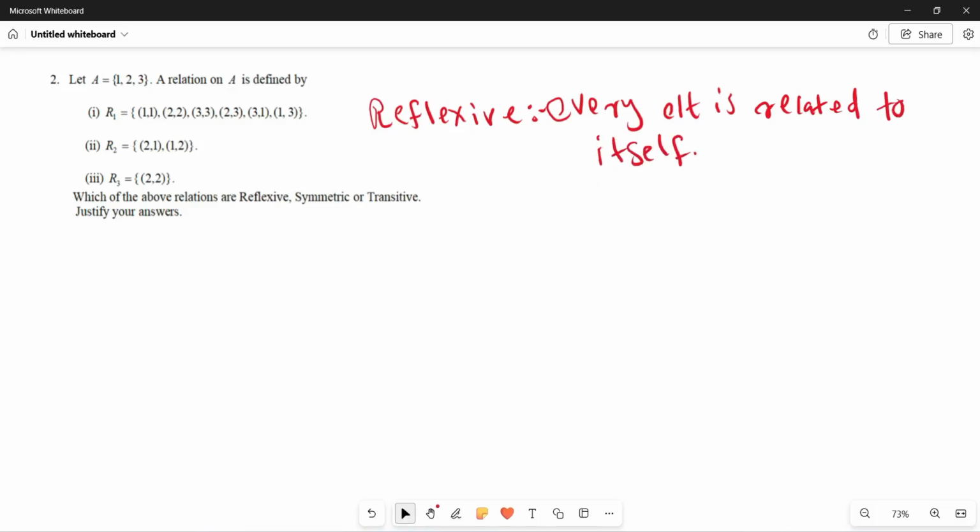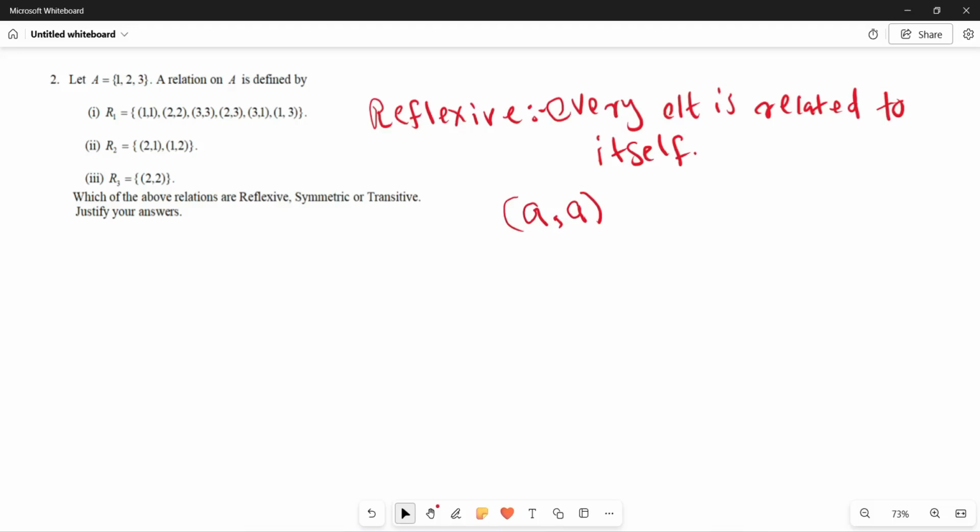But we want to understand this mathematically. Relationships we normally denote by ordered pairs. Related to itself means a is related to a, pointing to itself: 1 is related to 1, 2 is related to 2, 3 is related to 3.